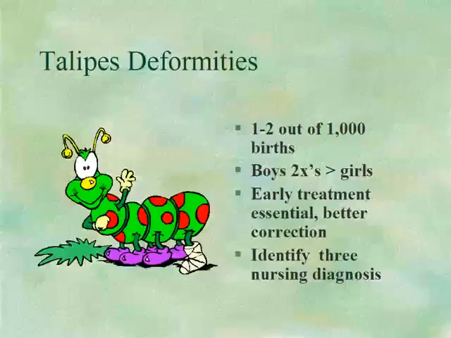This is one where boys are significantly more affected than girls. The earlier the treatment, the better the correction. We usually can diagnose this at birth or shortly thereafter. They will want to start correction very early, definitely before the child would get to the age where they would be walking.